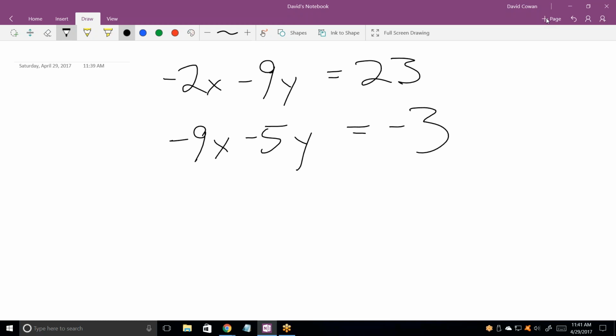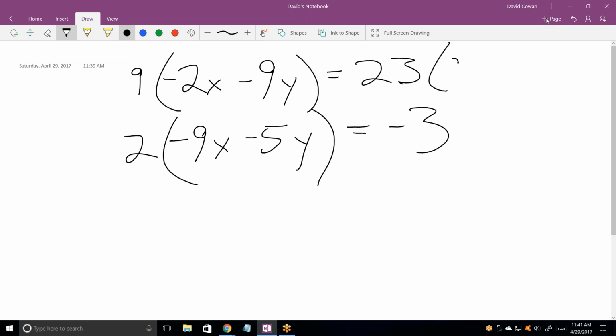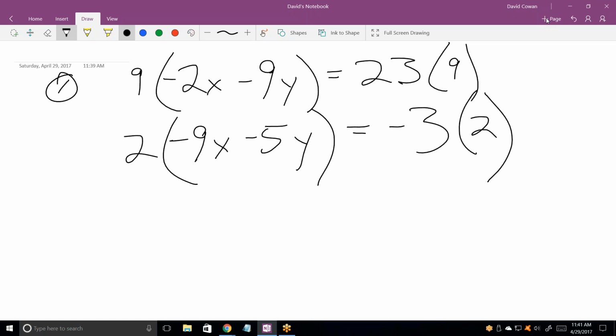I don't know. How about we multiply the top by 9, and we multiply the bottom by 2. And I can do that as long as I multiply both sides of the equation by those numbers. Okay. With me? Yes. Okay.